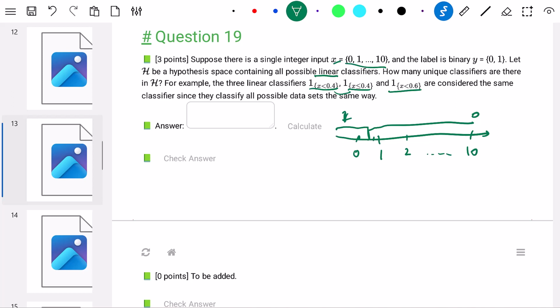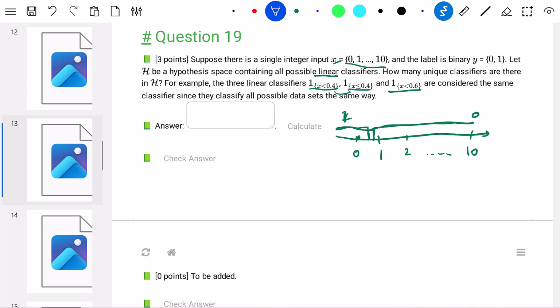And similar for 0.6, everything less than 0.6 being 1, everything larger than 0.6 being 0, it does not change the classifier because these features cannot take on non-integer values, so it's still 0 is classified as 1 and everything else is classified as 0.